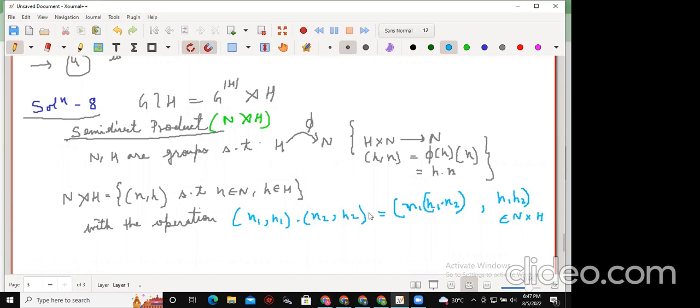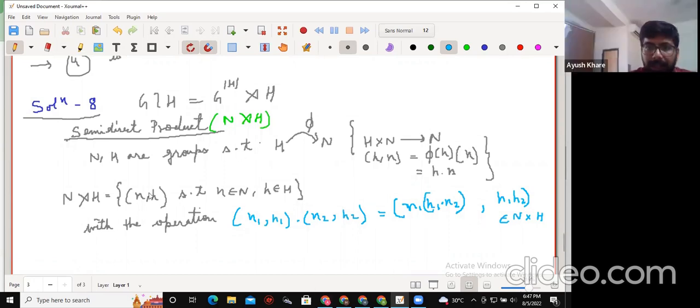Okay. So now can someone tell me quickly what is the order of n semi-direct product with h? What is this order? See, as I said, it is the same as n cross h, right?